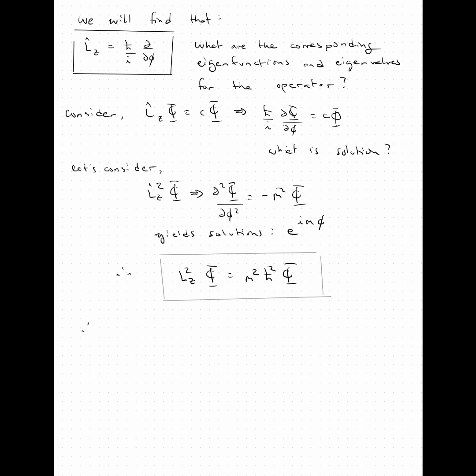Therefore, Lz phi must be m h bar phi. Okay, and we know that the eigenfunctions for L squared should be eigenfunctions for Lz because they commute.